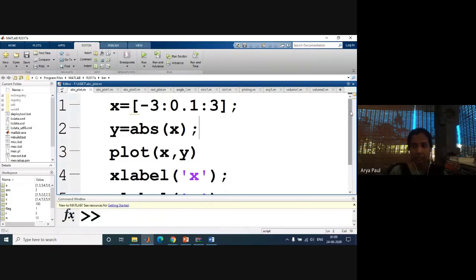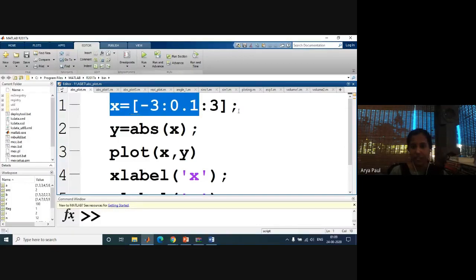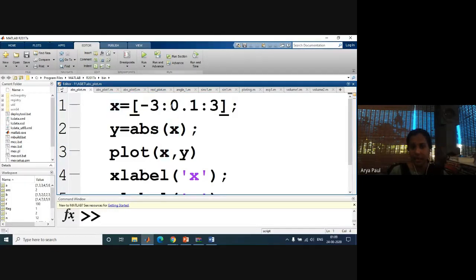For plotting any graph, you need both the axes, isn't it? You need to first define the x-axis and then the y-axis. First of all, I have defined my x-axis as x equal to minus 3 colon 0.1 colon 3. What is the meaning of that?